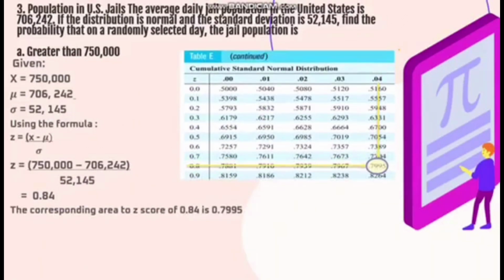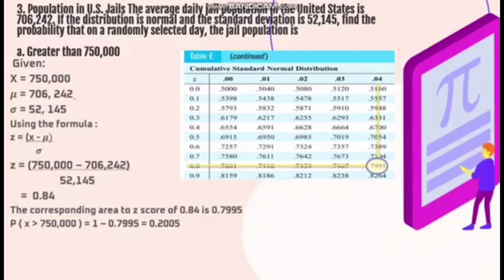0.84. The corresponding area to z-score of 0.84 is 0.7995. To find the probability that x is greater than 750,000, let's subtract 1 minus 0.7995.